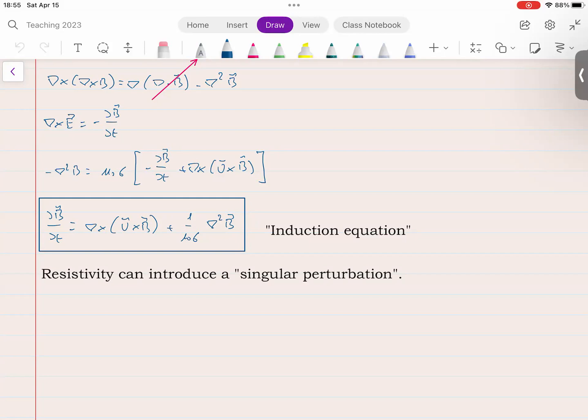If the resistivity is not exactly zero, I'm going to have second derivatives of the magnetic field, which means that the order of my differential equation changes from first to second. That's what makes the perturbation singular. By making a quantity infinitesimally small, but not exactly zero, I get a completely different set of solutions, because I'm going to have solutions to a second order equation instead of a first order equation.